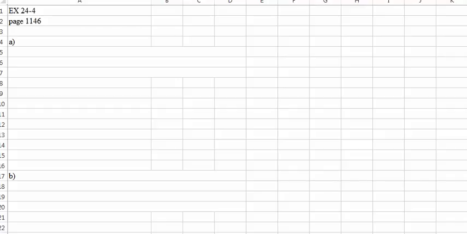Okay, they ask us on A to prepare a differential analysis dated March 31, 2016 to determine if the cups line should be continued or discontinued. I'm not going to set mine up exactly like what you see in the book. I think this way is a little easier. But let's go through it.